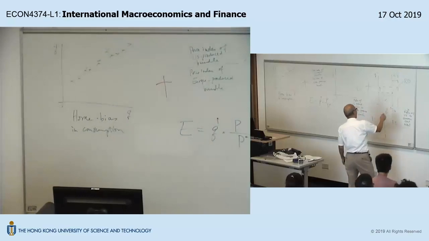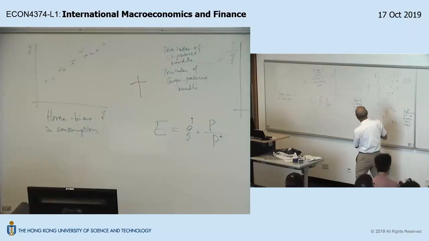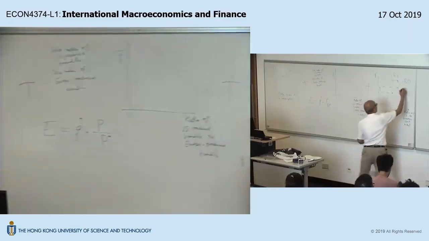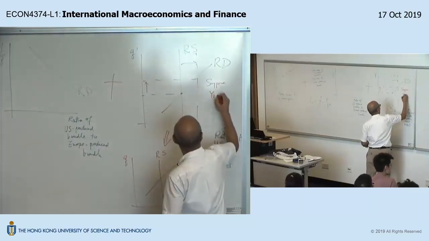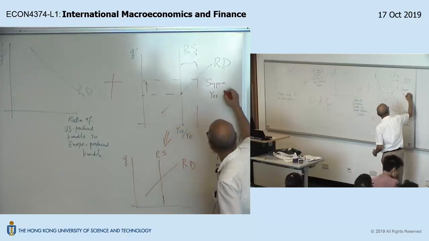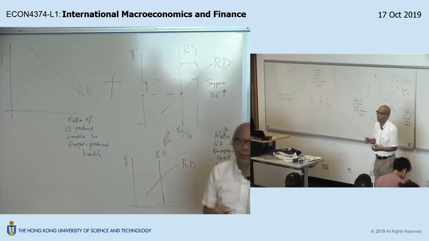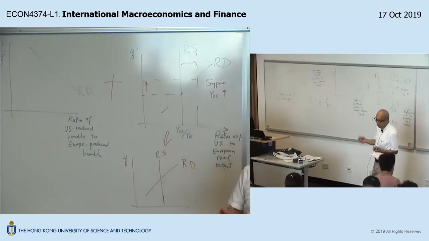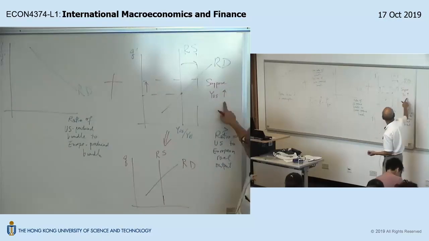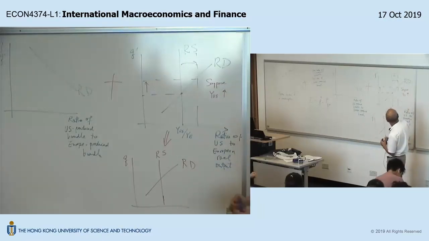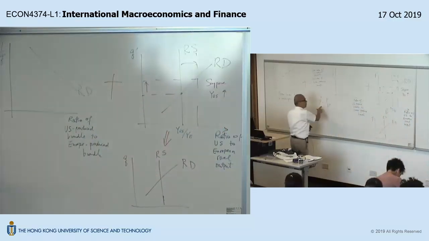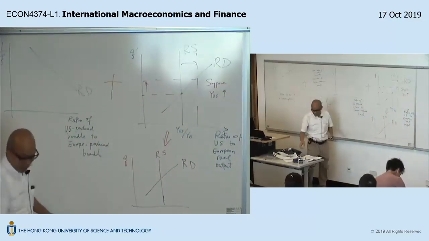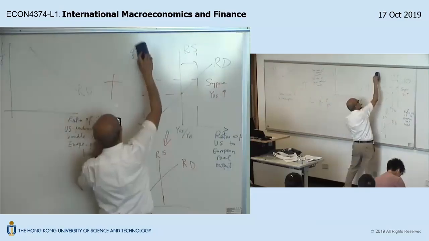For example, suppose Y US increases because US productivity increases. This leads to an increase in Q, no problem. So now in fact, I would use the Q instead of Q prime.